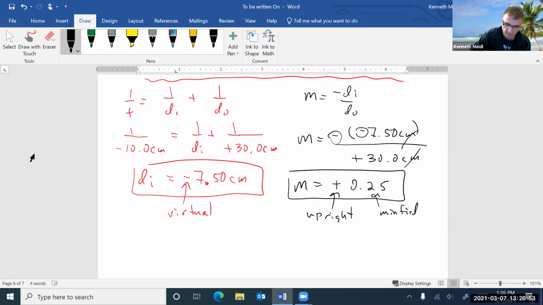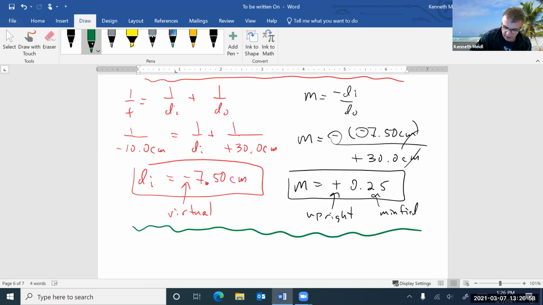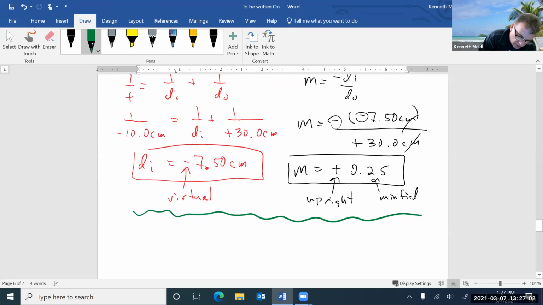Okay, and so there still looks like maybe a little piece here still to do, but everything here is so far pretty good. And I'm going to recall that magnification is minus di over do, or hi over ho.